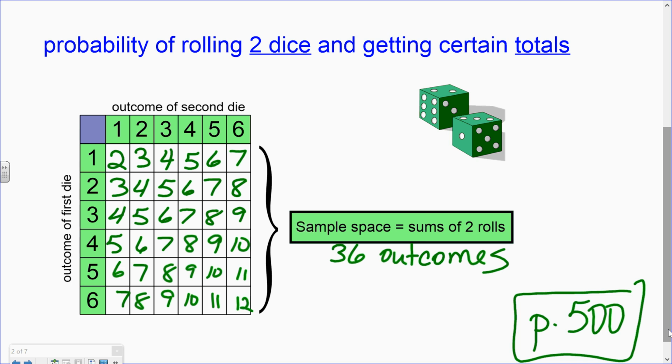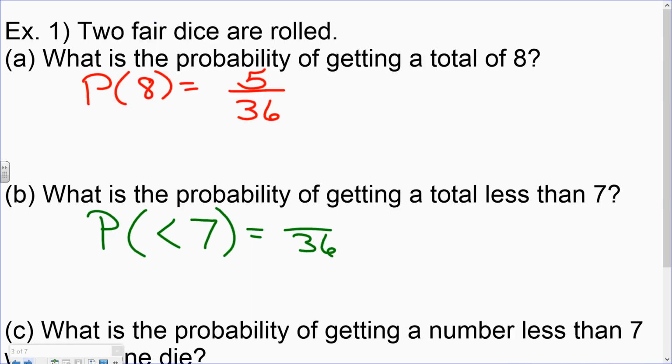So the 6, 5, 4s, 3s, and the 2. We need to add all of those up, so count all of those up, and how many do we have? How many did you get? 15. So we are going to write that down, that we had 15 out of the 36.